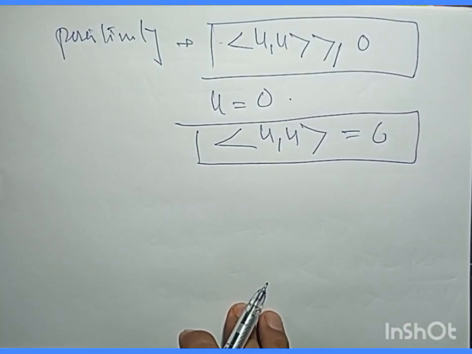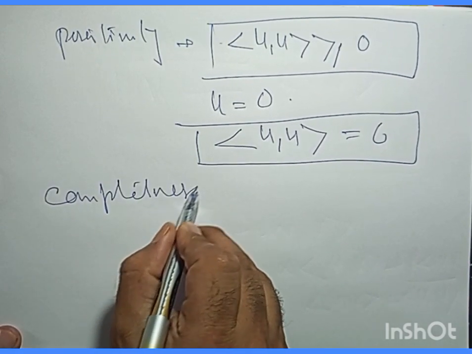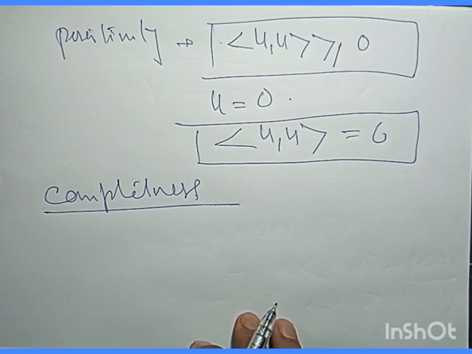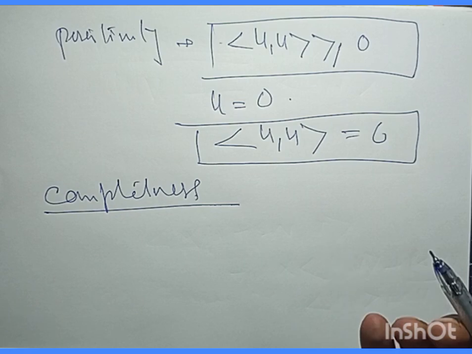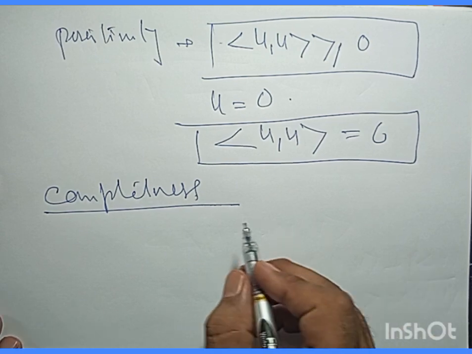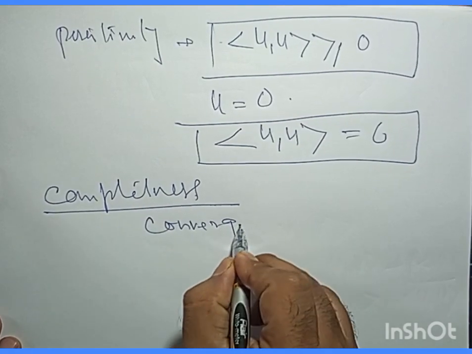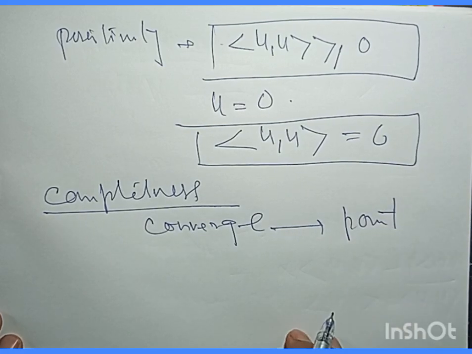The next important property of this Hilbert space is completeness. The space is complete if every Cauchy sequence, I mean, a sequence where the vectors get arbitrarily close to each other, converges to a point within the space.